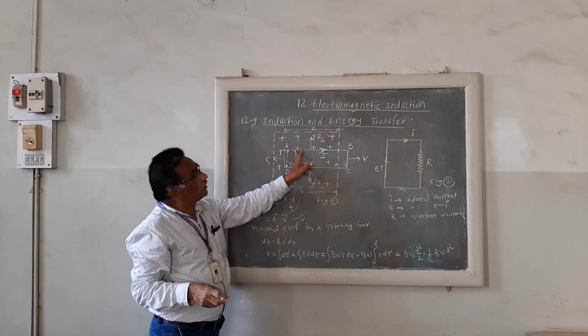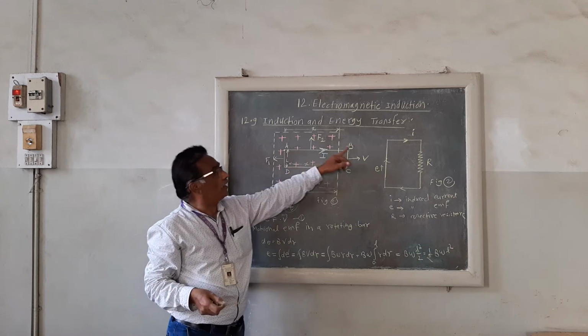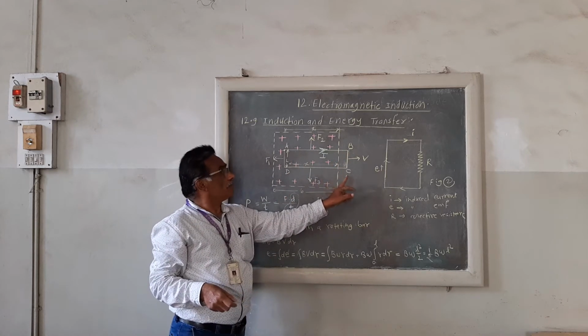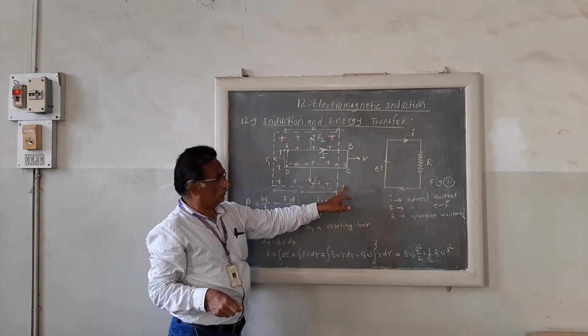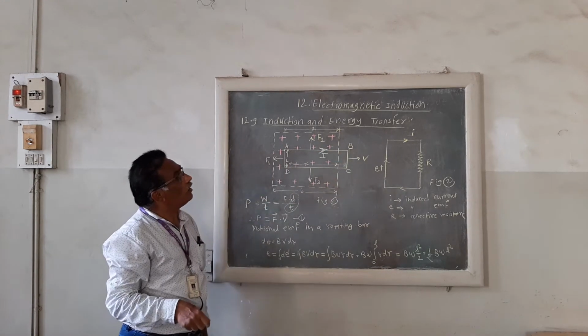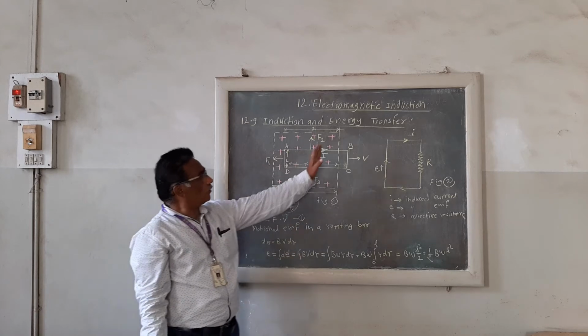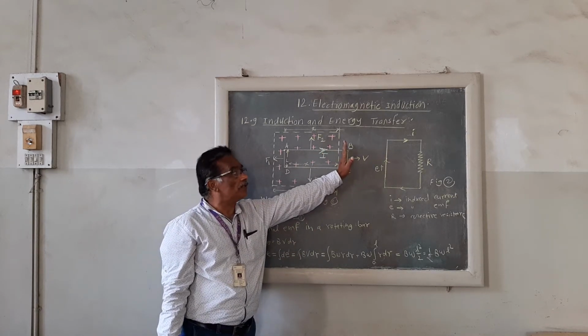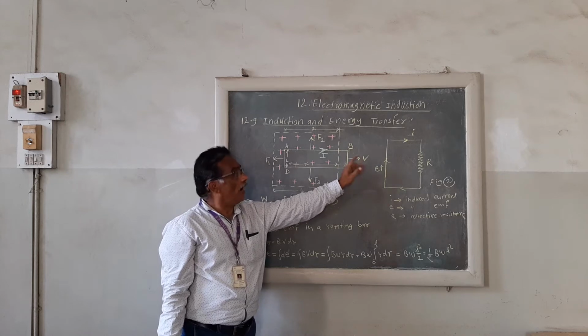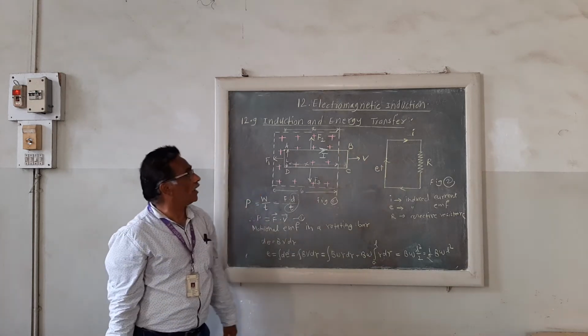Here, if you consider the sides AB and DC, as well as AD and BC, these are the four sides of the loop. Out of that, the velocity of the side BC is V, and it is directed towards the right.